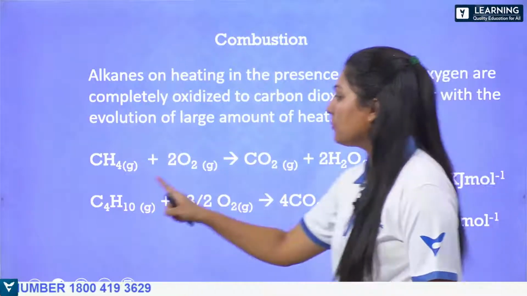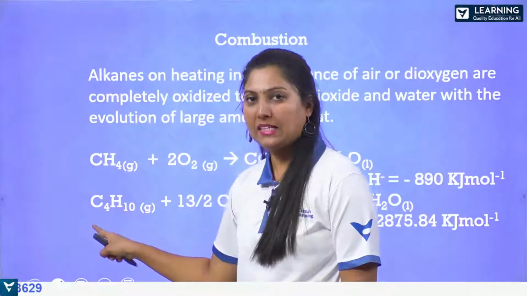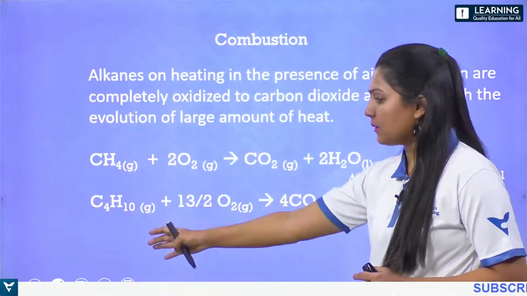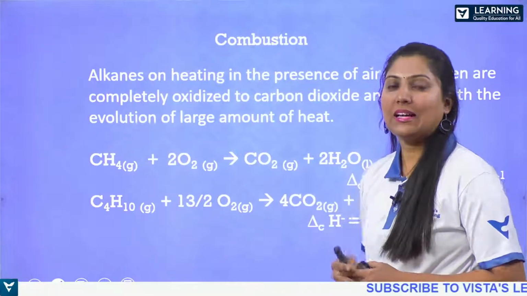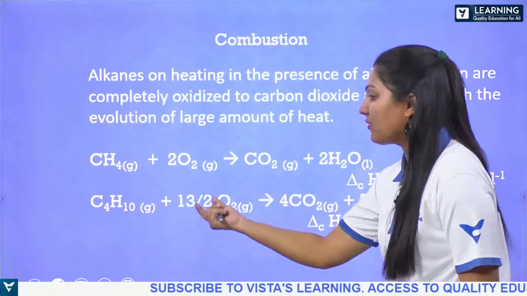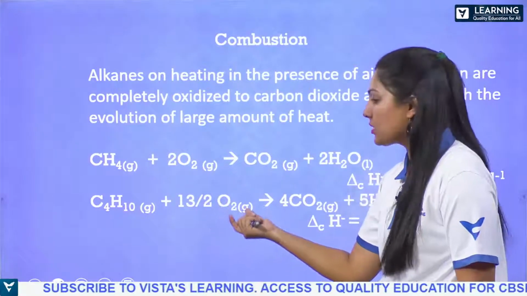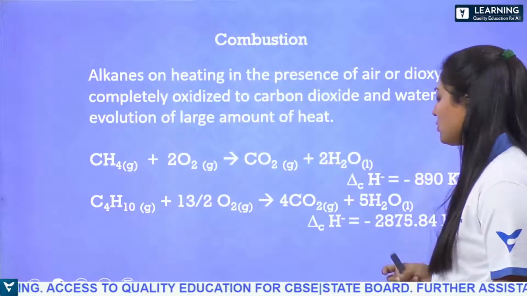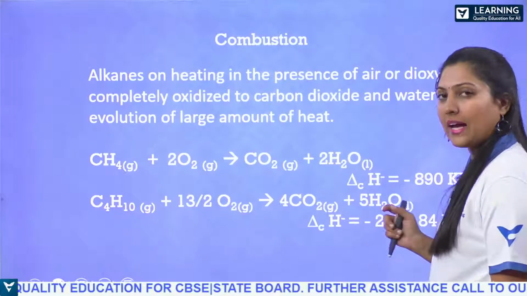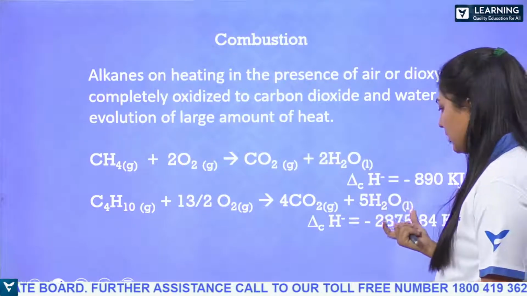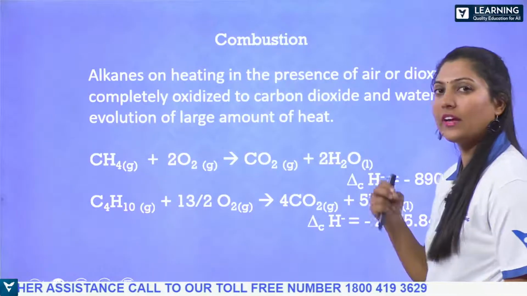Because in butane we have 4 carbon atoms, and all the carbon present in butane completely undergoes oxidation to form carbon dioxide. We have 13/2 oxygen molecules undergoing oxidation to form carbon dioxide and water molecules, and we get 5 water molecules with a huge amount of energy given.